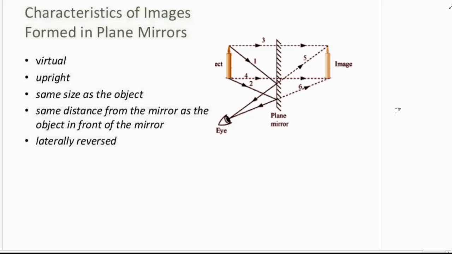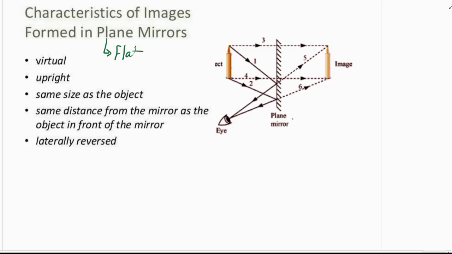And now we are going to discuss the characteristics and the properties of the image formed in a plane mirror. Actually, a plane mirror is also called a flat mirror. Flat mirror or plane mirror, both have the same meaning.